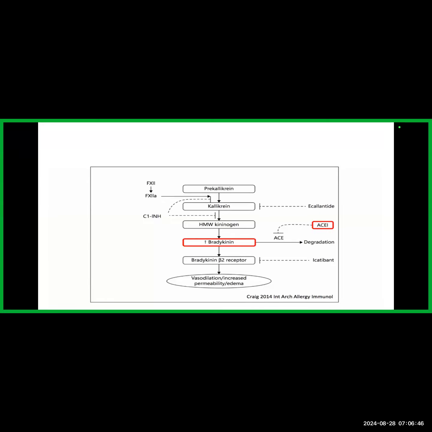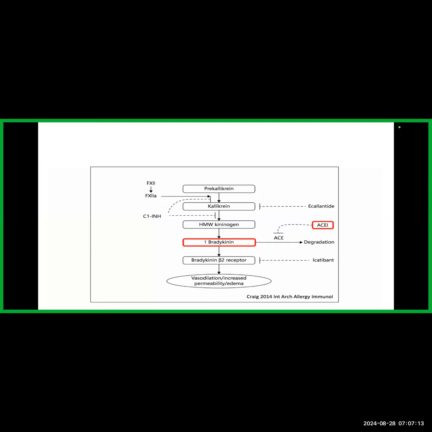And you can see from the side that usually ACE, which is angiotensin converting enzyme, would degrade bradykinin. But if you're on ACE inhibitors, you inhibit the ACE and then you have buildup of bradykinin. And usually most people are able to keep the bradykinin levels at bay, even if they're on ACE inhibitors. However, some other people are not able to clear the bradykinin, so they have buildup of bradykinin.